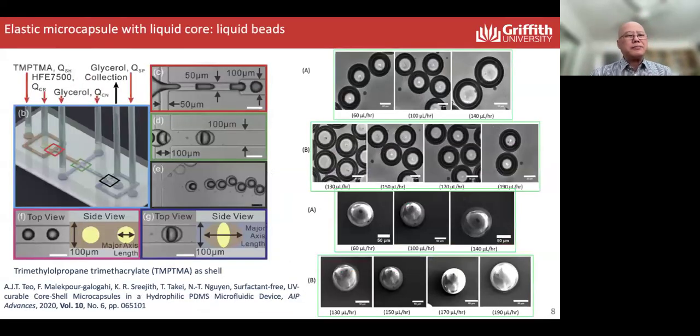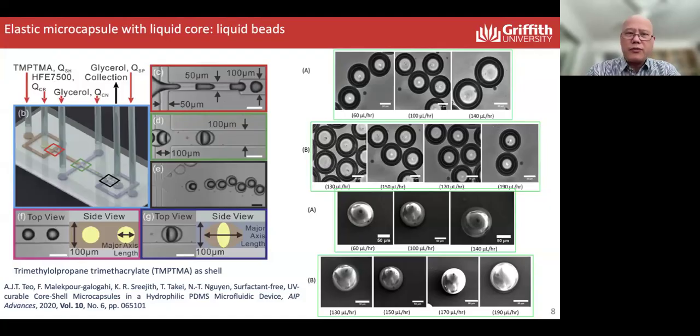That's one application. Now the other approach of making a liquid droplet solid, or into particles, is encapsulating liquid in a solid shell. This method actually uses the traditional droplet-based microfluidics techniques.